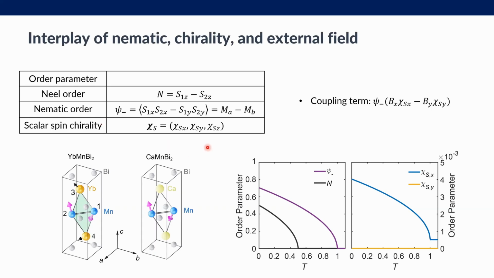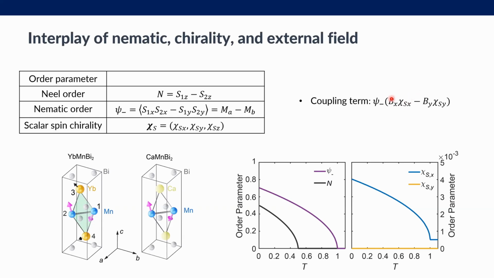So in this model, the nematic order emerges due to the spontaneous symmetry breaking in the spin space, and the Néel order emerges due to the spontaneous symmetry breaking in the real space. And by symmetry, in their model, there is a coupling term between the spin nematic and the scalar spin chirality via the external applied magnetic field.